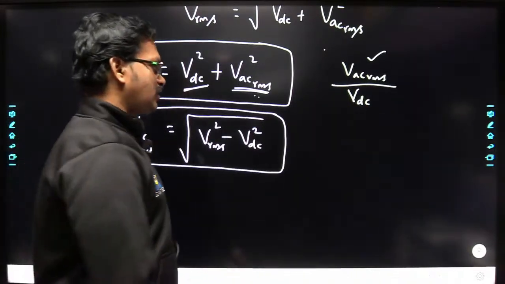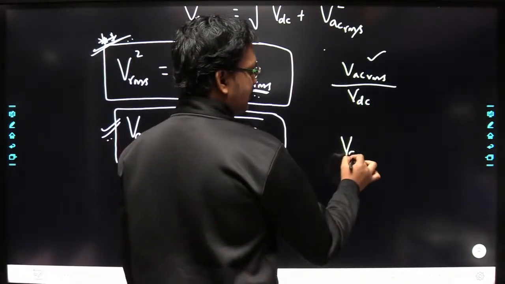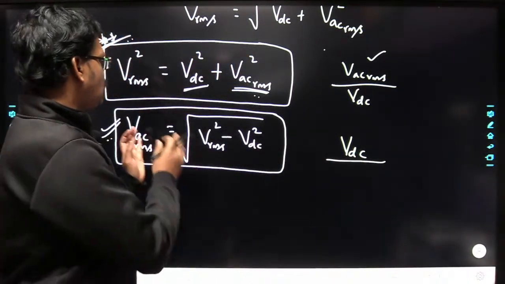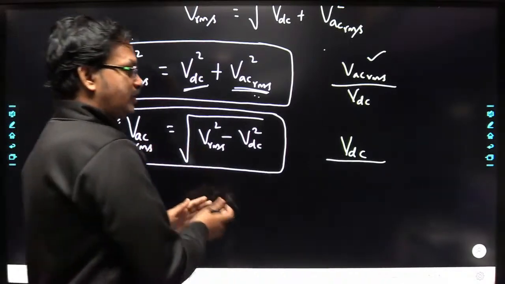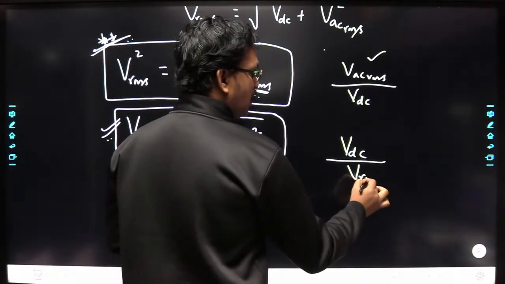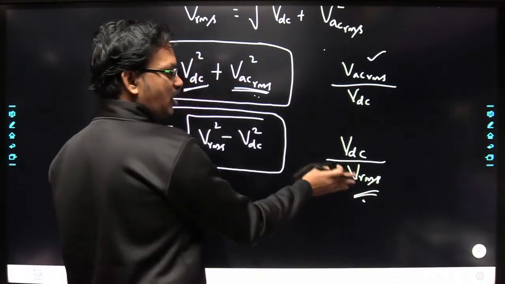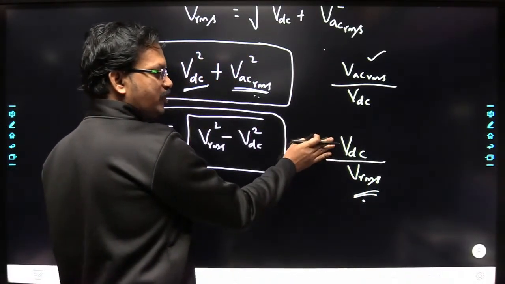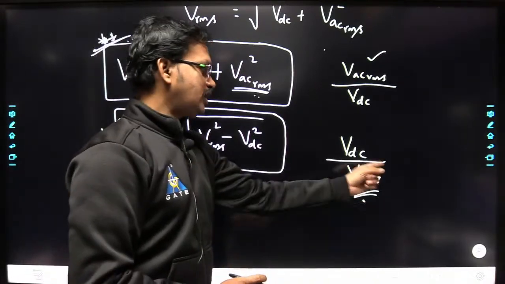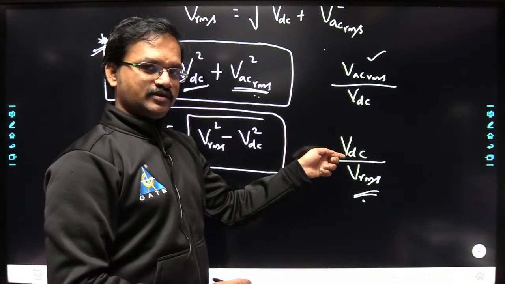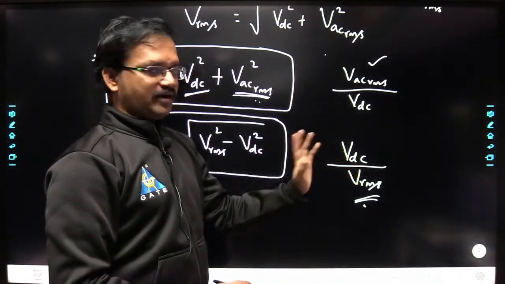Or you can compare the total DC voltage with respect to the total RMS value of the signal. So in this total signal, how much of the component is present as DC? In this manner you can compare.